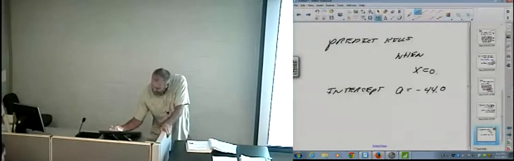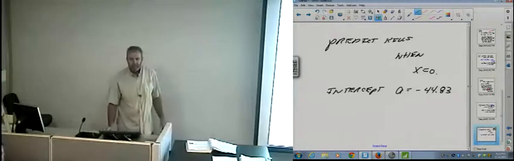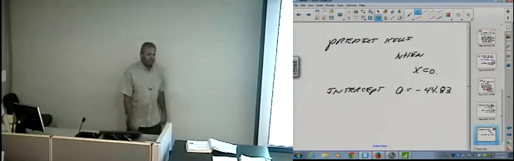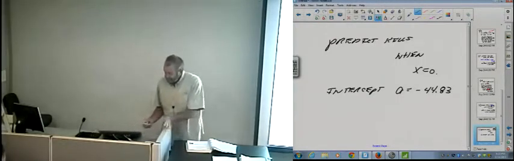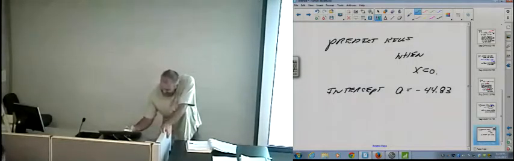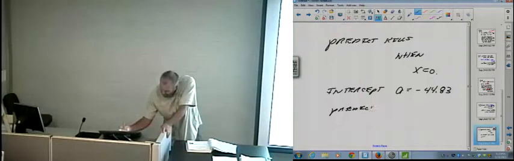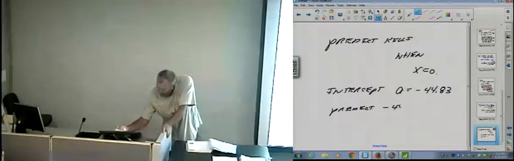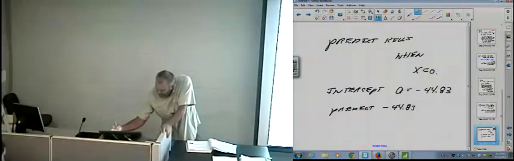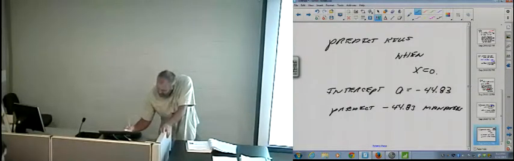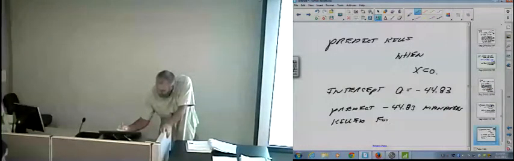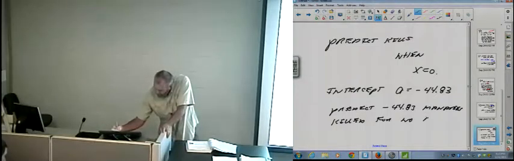Well, there's some magic going to happen if we don't have any boats registered. Okay? We predict minus 44.83 manatees killed for no boats registered.